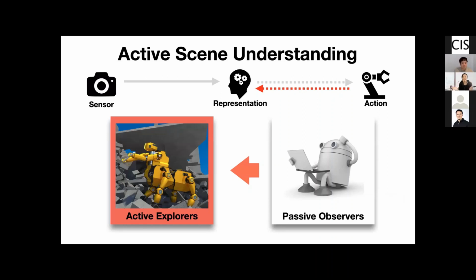That's the end of my talk. I hope that by introducing this idea of active scene understanding, we can change the role of computer vision from a passive observer that just sits there and tries to understand images to an active explorer that can constantly engage with the environment in order to continuously improve its understanding of the world.